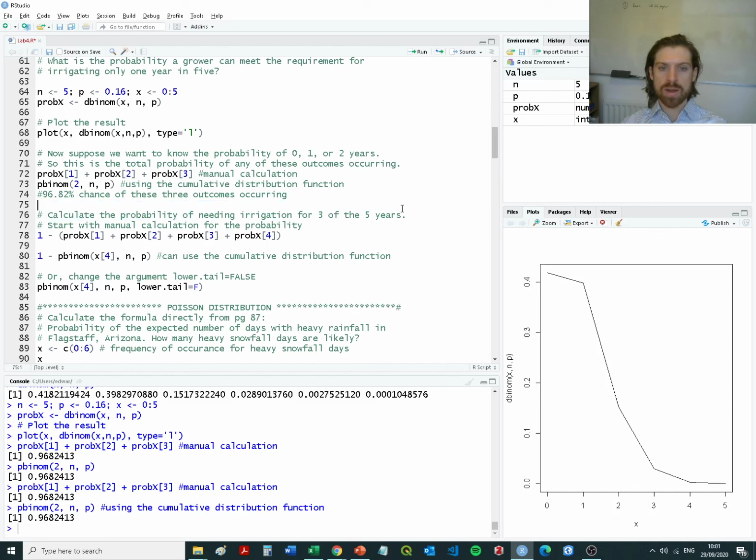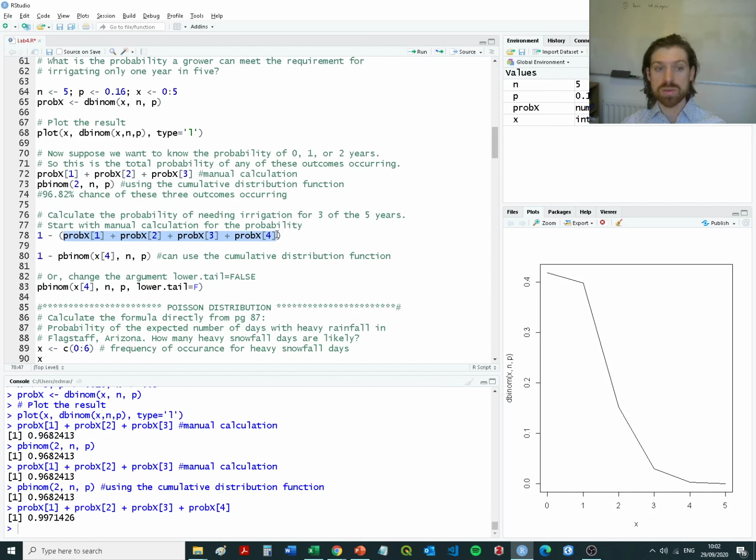Okay, so let's move on then. Let's calculate the probability of needing irrigation for 3 of the 5 years. So in order to do this, I'm going to manually calculate the probability first. So this is for year 0, year 1, year 2, and year 3.